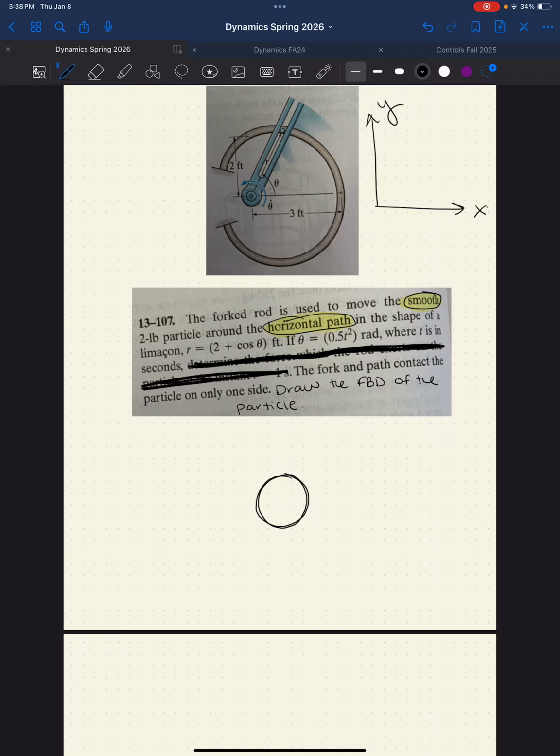Okay, so that means there's really only two forces I need to draw here. I need to draw the force between the forked rod and the particle, and that is just going to be a normal force, so a force that is perpendicular to the forked rod. So this is a right angle here. And then we need to draw the normal force between the particle and the path.